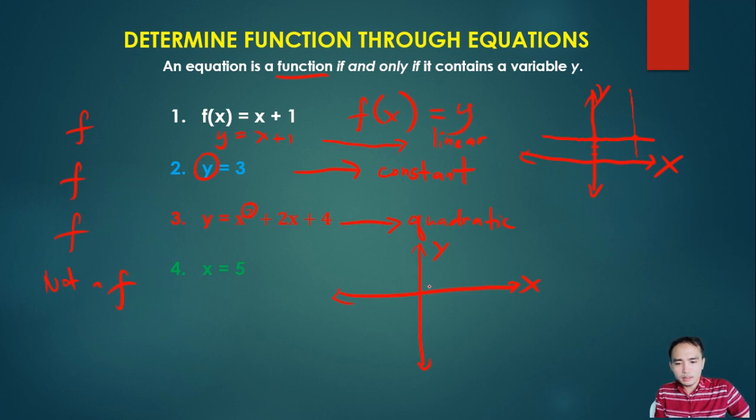Then, we will go to the right 5 times or 5 steps. 1, 2, 3, 4, 5. So the graph is parallel to the y-axis. Okay, this is not a function. Kasi nga, kapag nag-vertical line test tayo, it will intersect at many points. Okay, not a function.